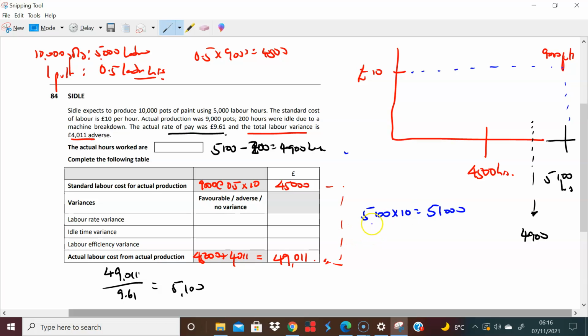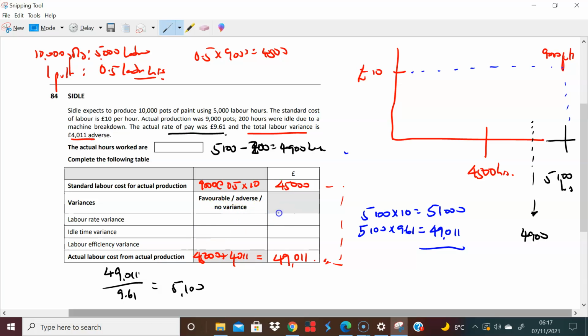But you paid £9.61, which was 49,011. So you should have paid 51,000, but you paid 49,000. See, that's favorable. Well done.